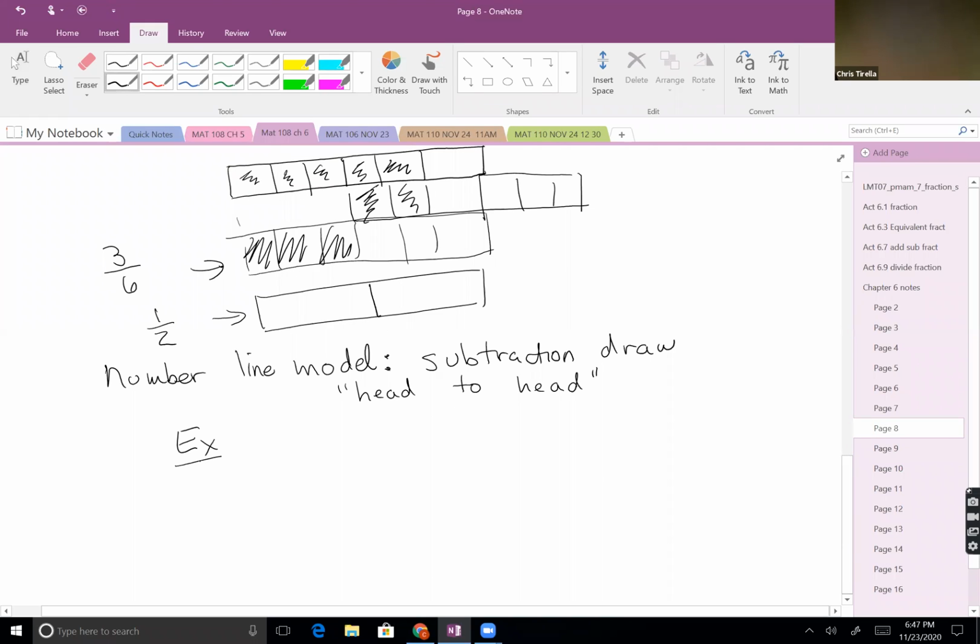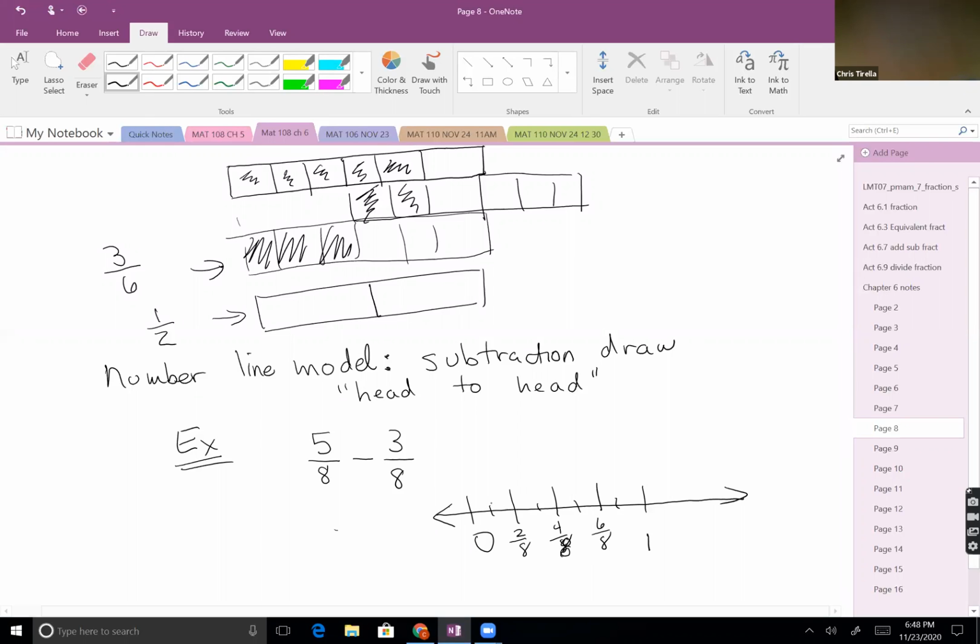And so, for example, if I were to look for 5/8 minus 3/8 on my number line, this would be 2/8, 4/8, 6/8, 8/8, and with my sloppy penmanship, I don't really think I could neatly write in all of those numbers.